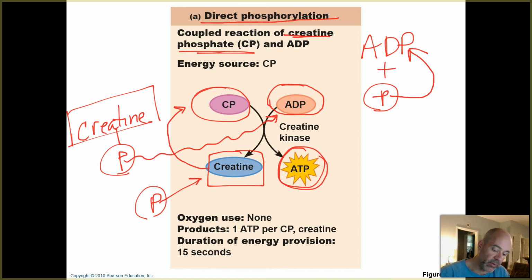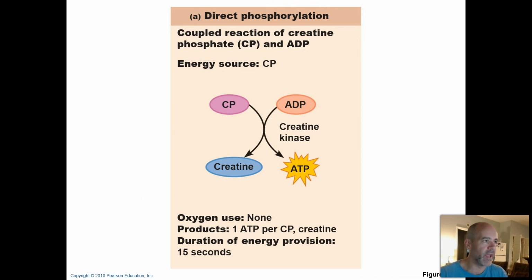You can run a typical skeletal muscle for about 15 seconds just off of their CP stores. So for about 15 seconds, you can generate enough ATP by stealing phosphates from creatine phosphate to run a typical skeletal muscle. This does not require oxygen, so this is something else you can do anaerobically. You may have heard of people taking creatine supplements.